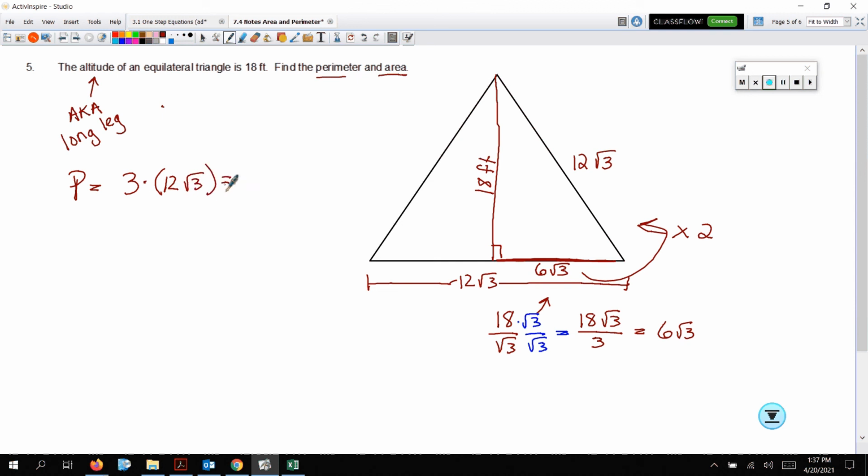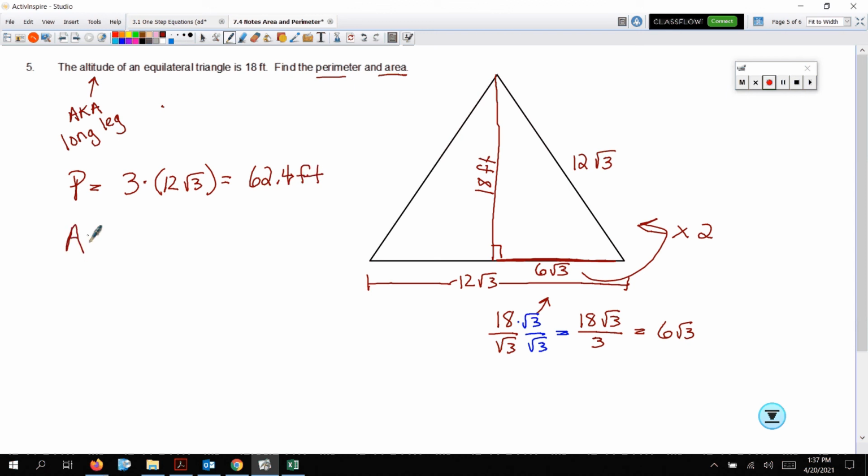That'll give us the perimeter. We're going to round to the nearest tenth again. That gives me 62.4. All right, that was for the perimeter.